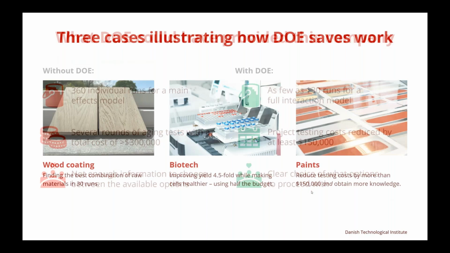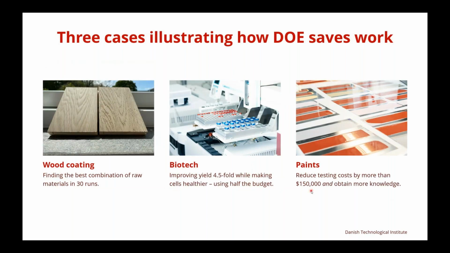Okay, so these were three quite different examples of how DOE can save you work. Starting from a relatively small experiment with 30 runs, we got a good result, even though at this stage of the project we weren't yet proficient in diagnosing the exact right number of runs to build, but just having a design process helped immensely here.